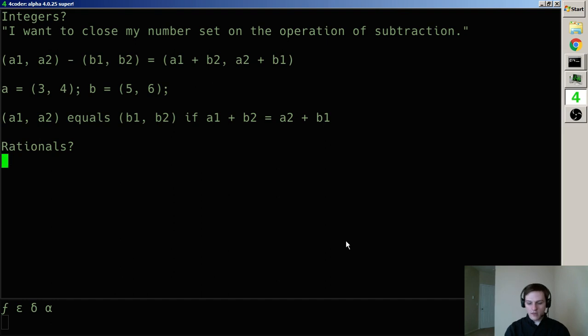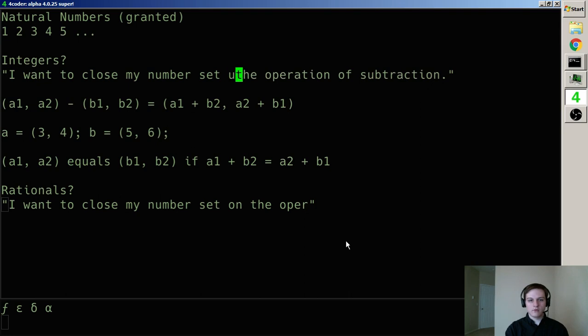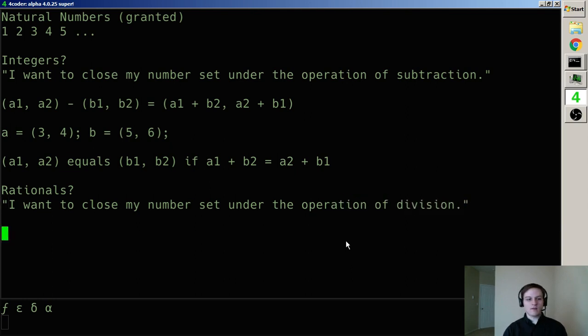Instead, I'll just say, what is the thing we're trying to do when we make rationals? We're trying to make them out of integers. What are we trying to do? Well, we're basically saying I want to close my number set under the operation of division, right? Because you have this thing with integers where some things you can divide.